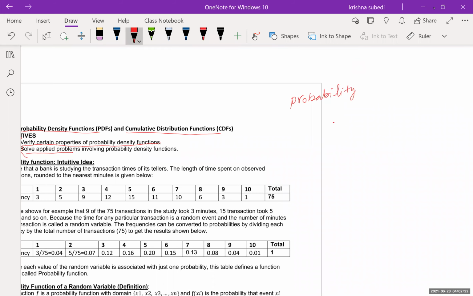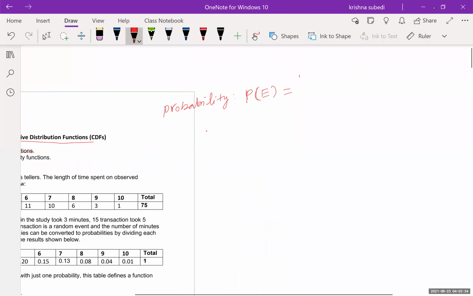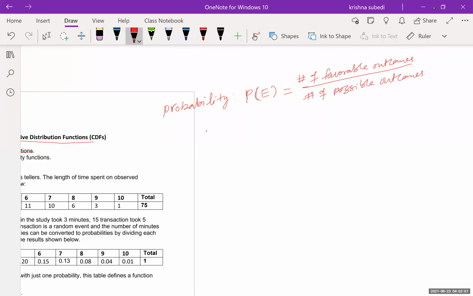The probability of the occurrence of a certain event is the number of favorable outcomes divided by the number of possible outcomes, right? We know this basic formula: number of favorable outcomes divided by number of possible outcomes.